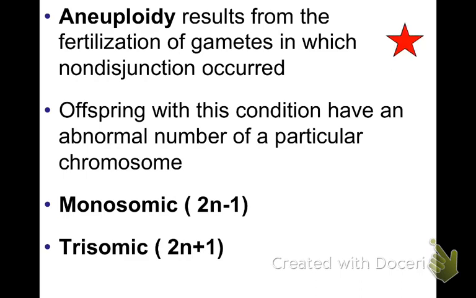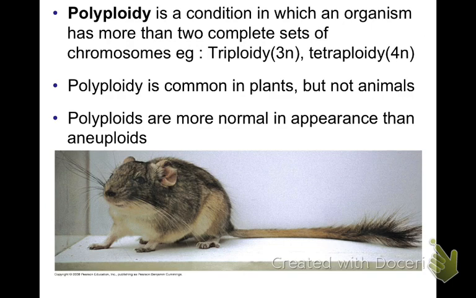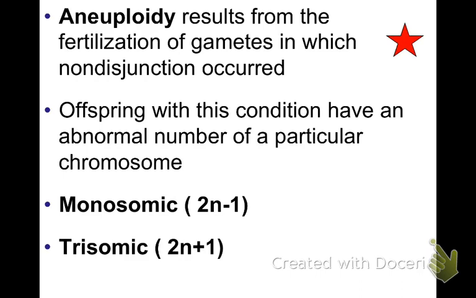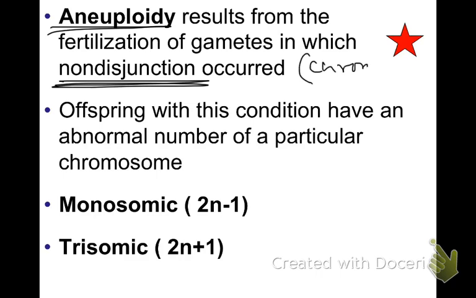Aneuploidy. This word basically means fertilization of gametes in which there was non-disjunction, or improper removal. So the chromosomes have not peeled off properly, or sister chromatids have not peeled off properly.